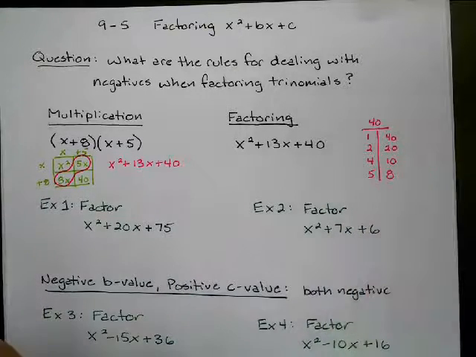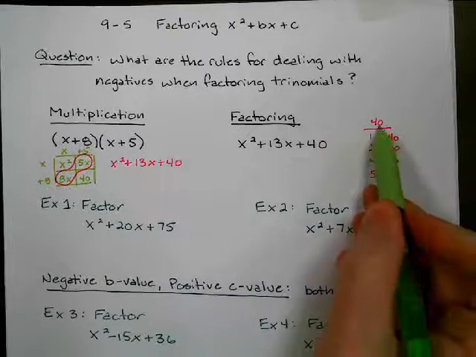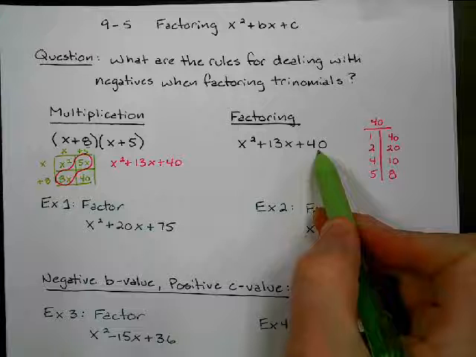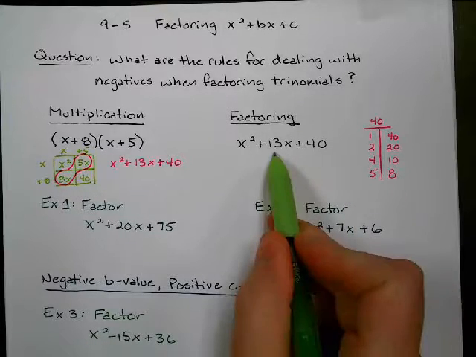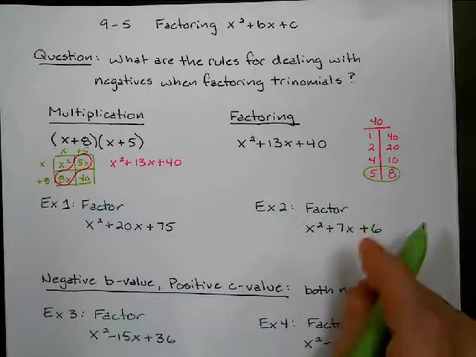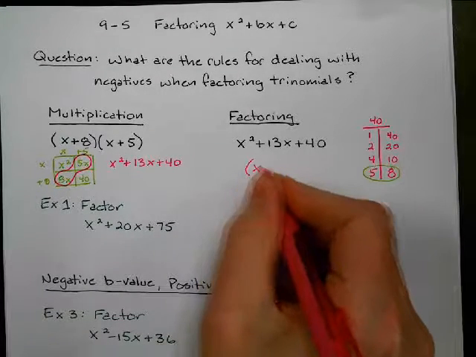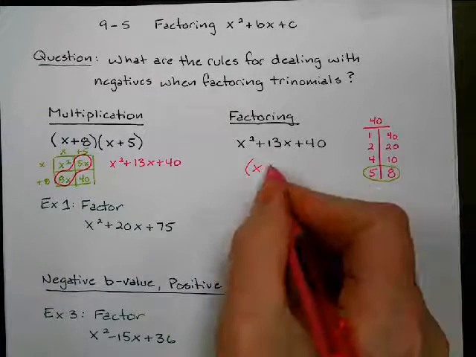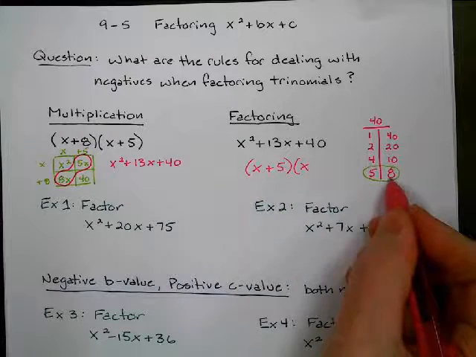All right, so what we would ask ourselves is, I've got numbers that multiply to give me 40. Of these pairs, which one is going to give me 13? Well, 8 and 5 are going to give me 13. So I would write my answer as x plus 5 and x plus 8.